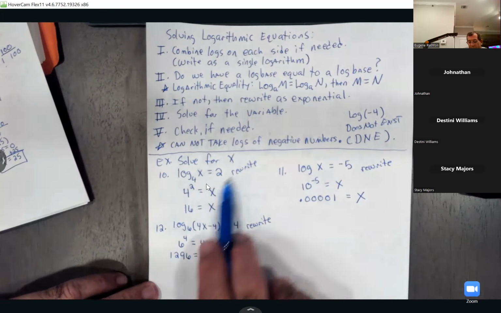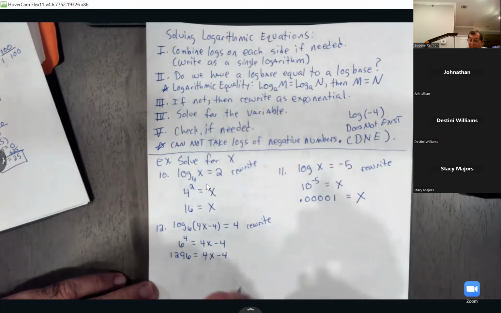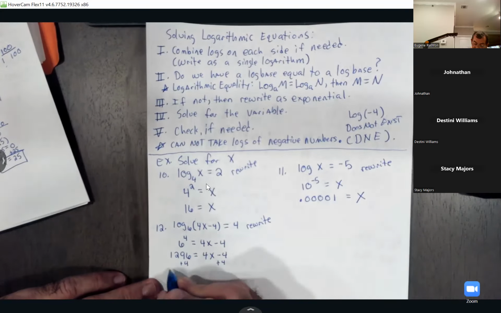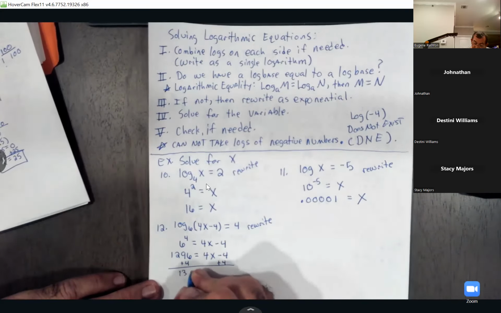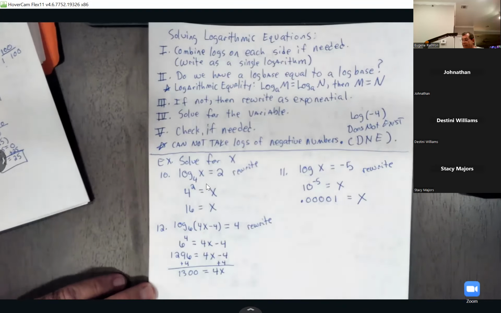So it's pretty close to these, but I got a little more work to get to my X here. So let's see, to get that X, we're going to add 4 to both sides. So that's going to give me 1,300 over here equal to my 4x.